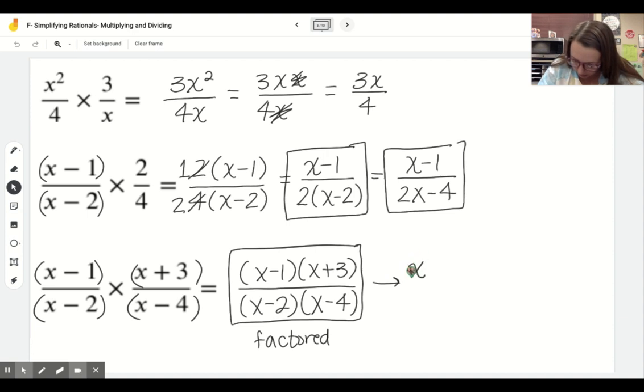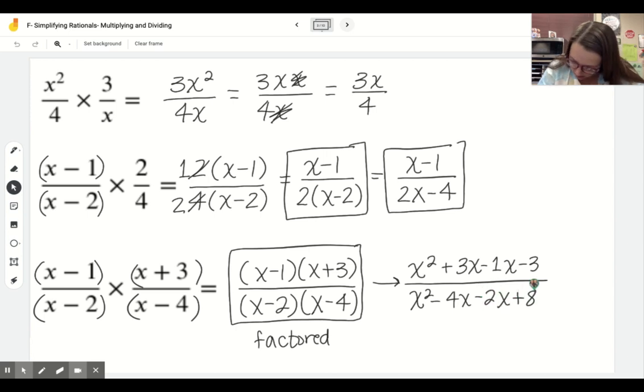So we'll do x squared plus 3x minus 1x minus 3 over x squared minus 4x minus 2x plus 8. And that can simplify to x squared plus 2x minus 3 over x squared minus 6x plus 8.